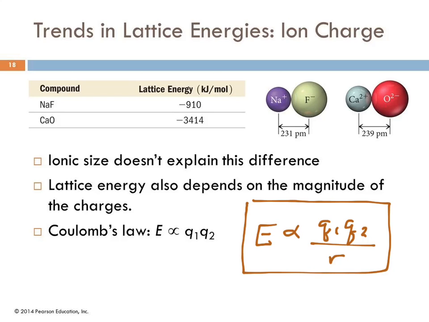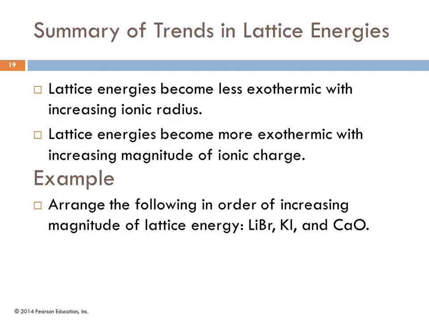If the radius, the distance between them, is bigger, the energy's lower. These things can be calculated. It's not super useful, but they can be calculated. So lattice energies are going to become less exothermic with increasing ionic radius. They're going to become more exothermic with increasing magnitude of ionic charge.